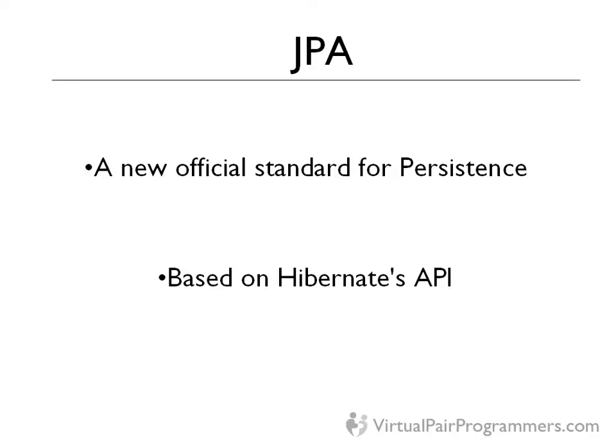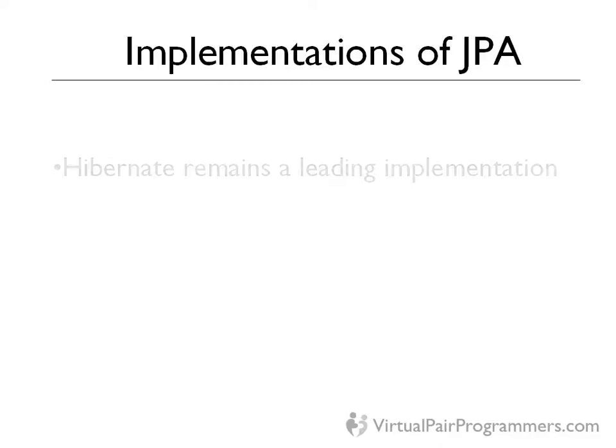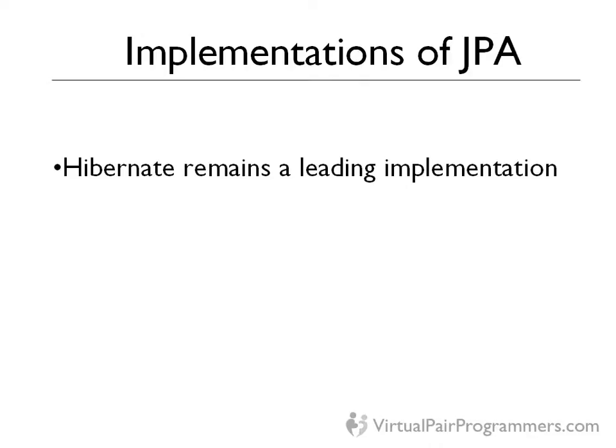And so what's happened is there are at least 3 major implementations of JPA that you can choose. You could go for Hibernate, which remains a leading implementation of JPA. So many projects who say they're working with Hibernate are actually these days using JPA. So it's actually possible that you might be asked in the future if you know Hibernate, and actually you will, because you will have learnt JPA.